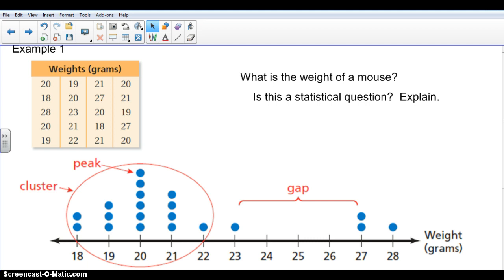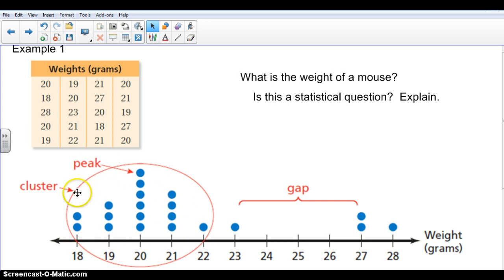All right, take a look at the line plot that they put together for this. Now notice a couple things. When you're reading this line plot, you look for certain things. This red circle right here is around information that's really close together. It's all within the same 18 to 22.